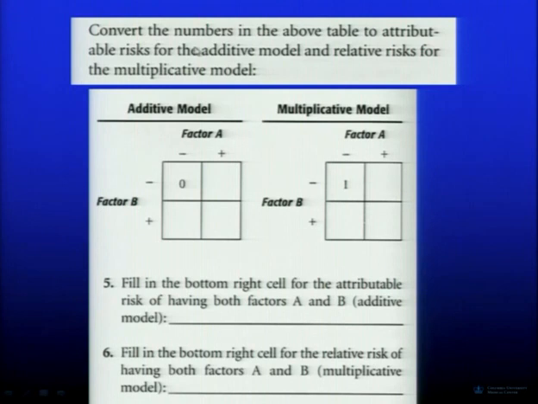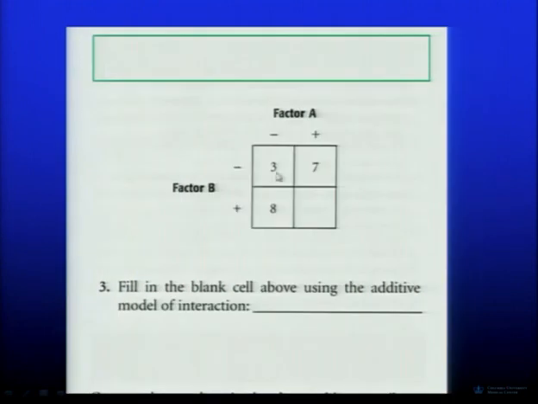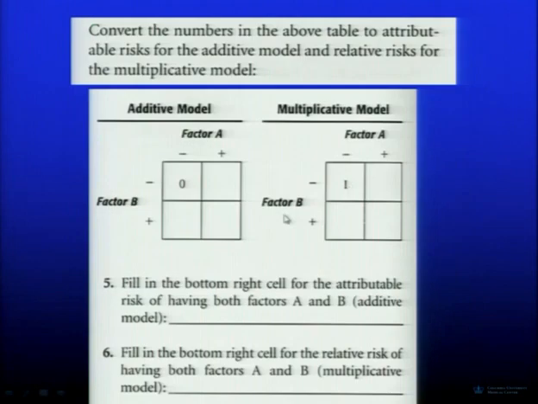For multiplicative, you're just assuming this is 1, and then you're seeing what is the multiplicative difference between my numbers. That's really looking at the relative risk. So you have relative risks of 2.33 and 2.66, and if you multiply them, you get 6.2.